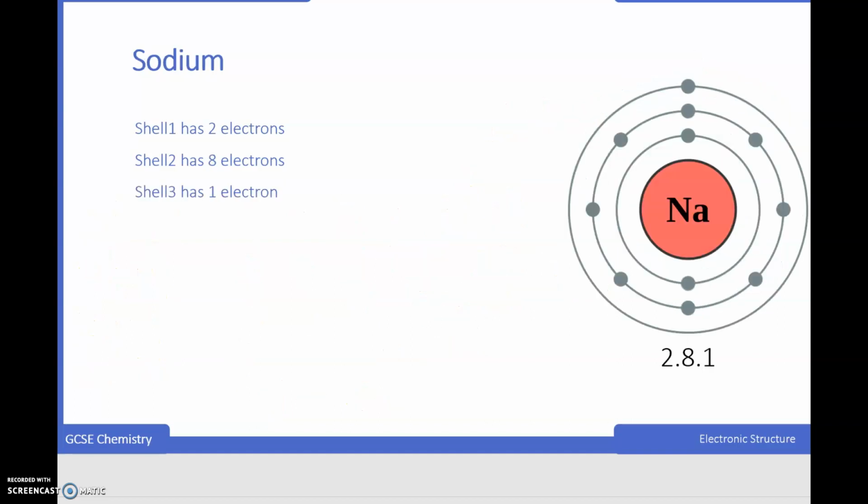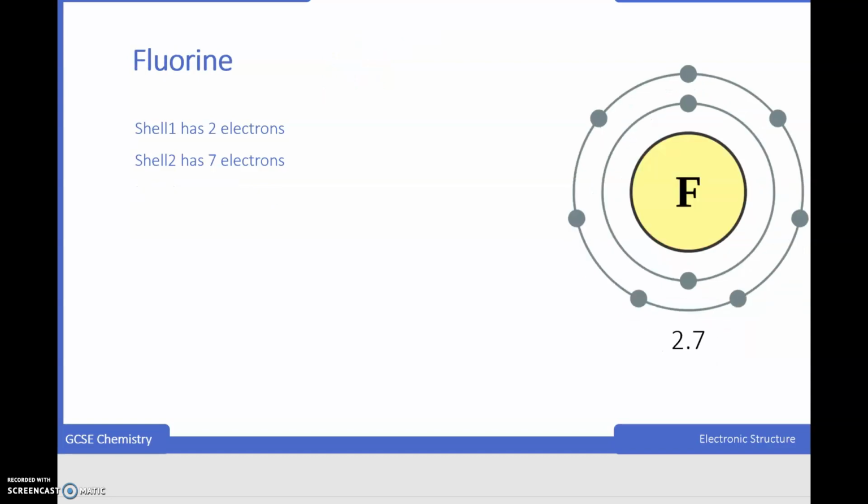This is sodium. Sodium has got 11 electrons, and if you look at the rule that I just showed you, it's got 2 electrons in the first shell, 8 in the next one, and then 1 in the last shell. This is a sodium atom and not an ion. If it was an ion, it would have a 2 and 8 electronic configuration. Let's look at a non-metal. This is a fluorine atom.